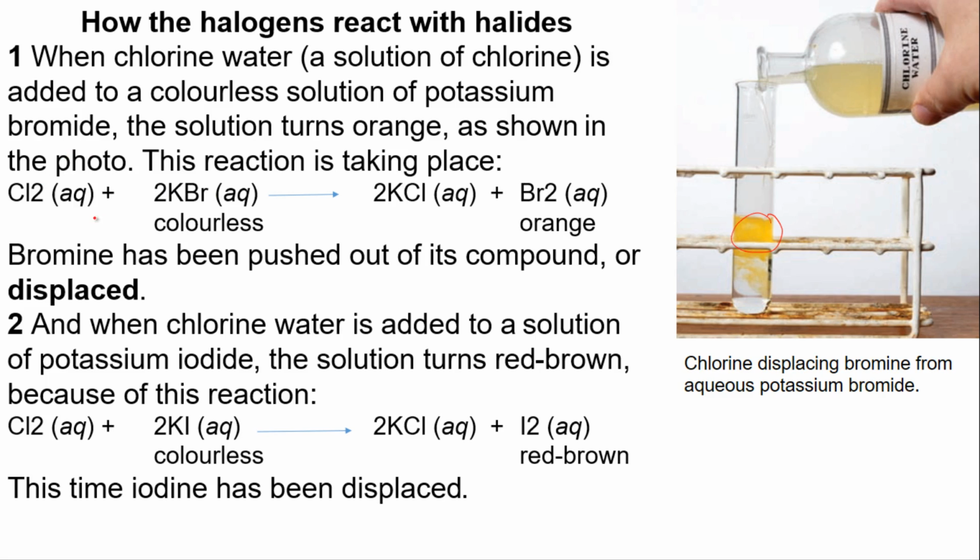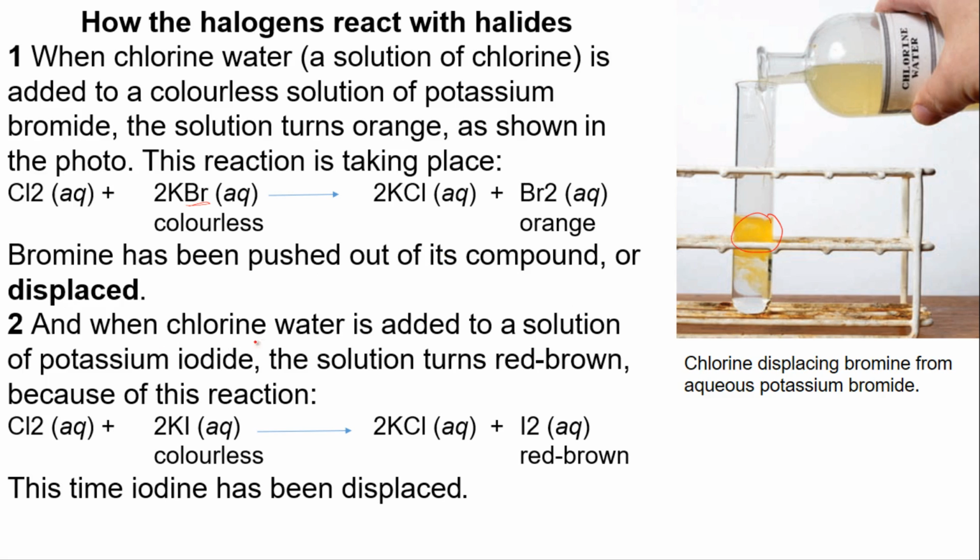By the time you add aqueous chlorine to it, the colorless solution will turn orange, meaning chlorine is higher than bromine. Therefore, the chlorine will displace bromine from potassium bromide to form potassium chloride and bromine, which is what we are seeing here. Therefore, bromine has been pushed out of its compound, a displacement reaction.